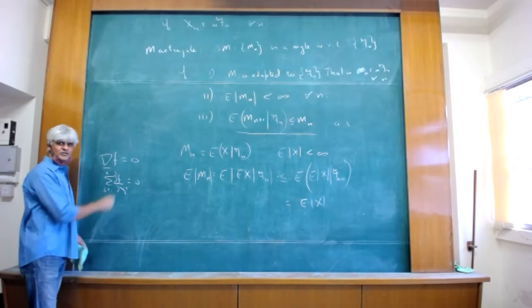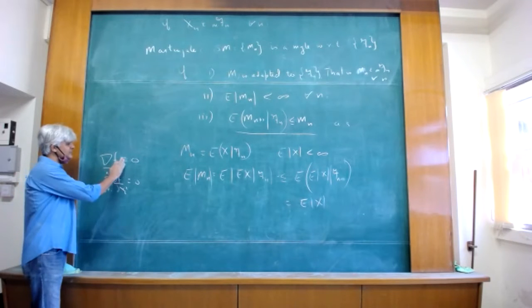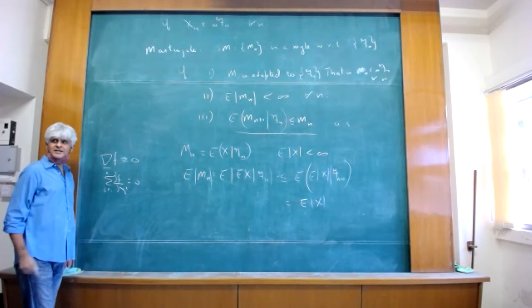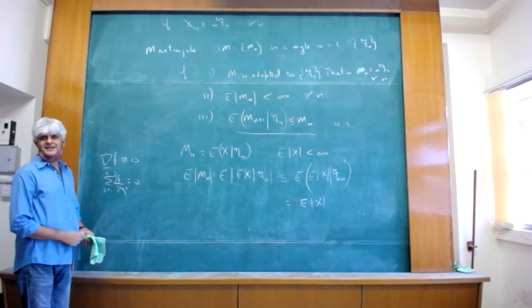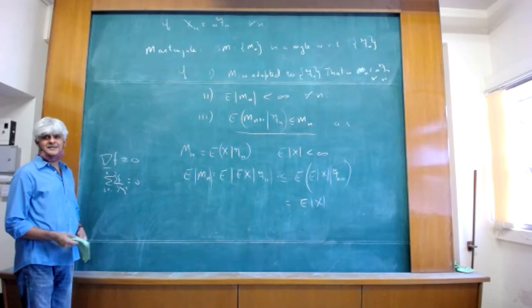If this is equal to 0, it's called harmonic. Greater than or equal to 0 is called superharmonic, and less than or equal to 0 is subharmonic.